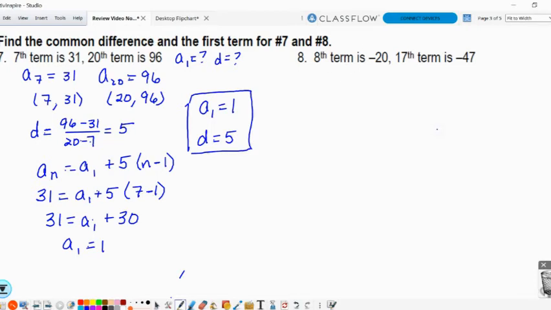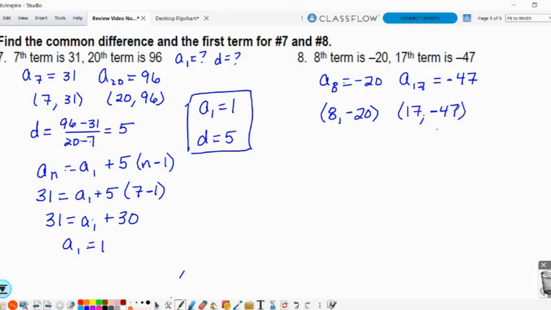We can use the same approach in number 8. Two terms that we can treat as 2 points. Position as our x value, and the term as the y value.